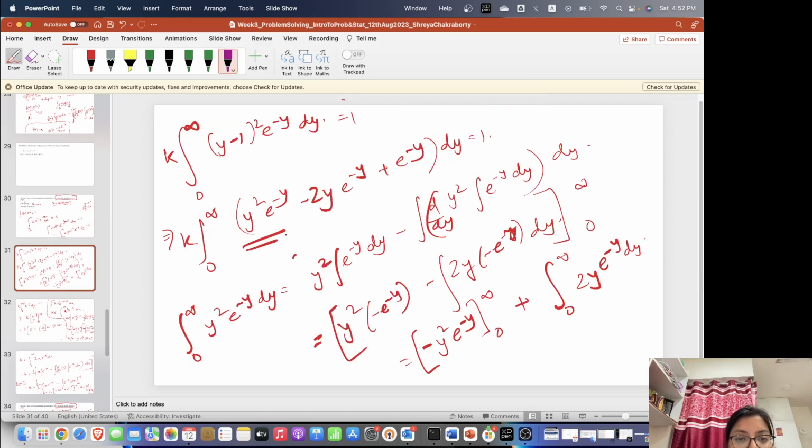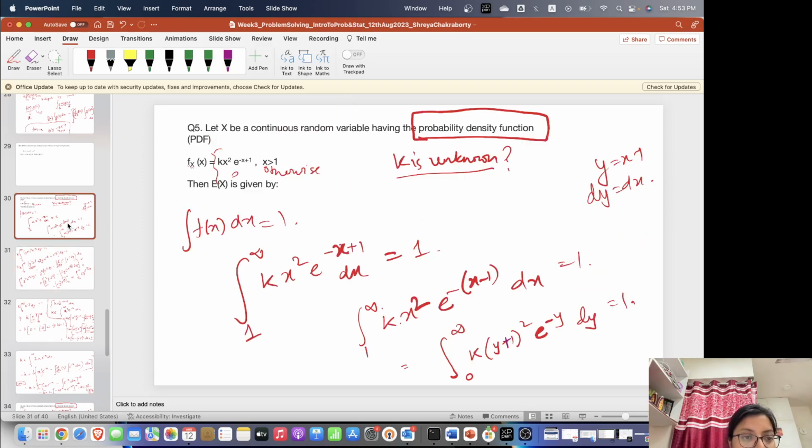Okay, then x plus 1 would have become something like this. Then y square minus 2y e to the power minus y would have been plus 2y e to the power minus y. Okay, some problem is here. This one I did not notice.